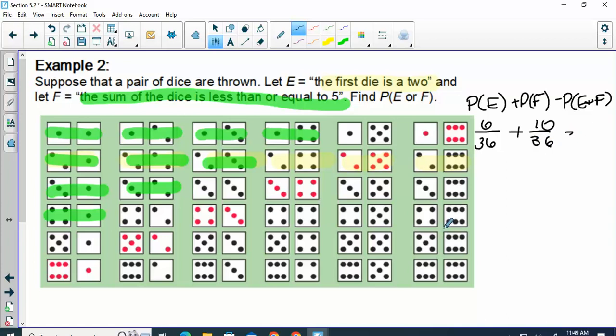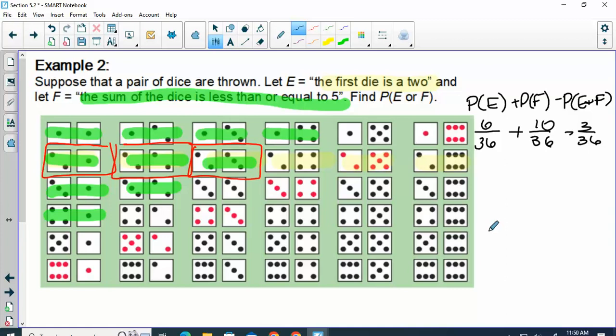But how many did I double count? 3. This one got double counted, this one was double counted, and that one was double counted. So we have to subtract off those 3. Right, so tell me what our probability is.